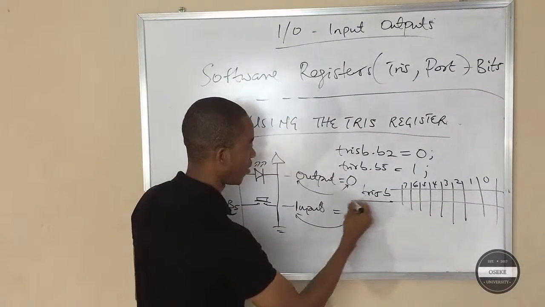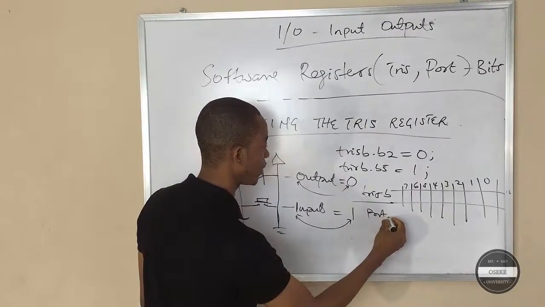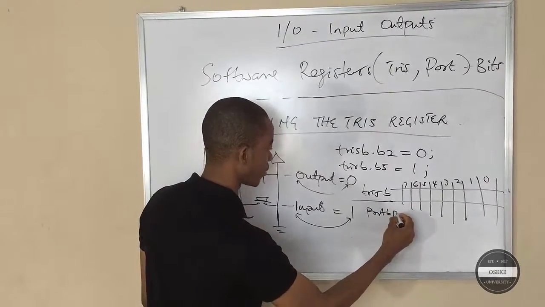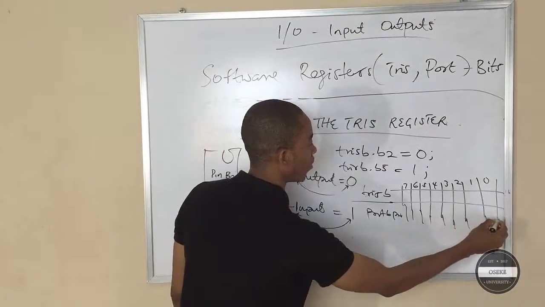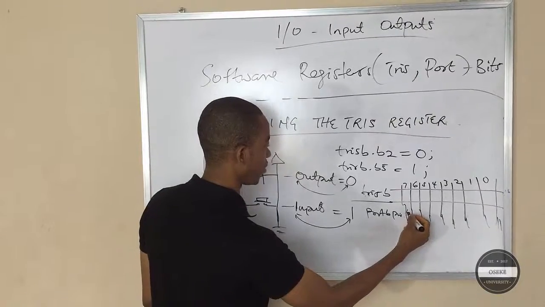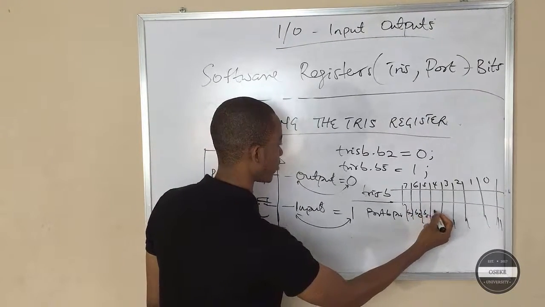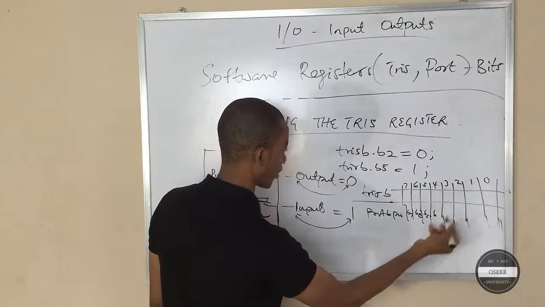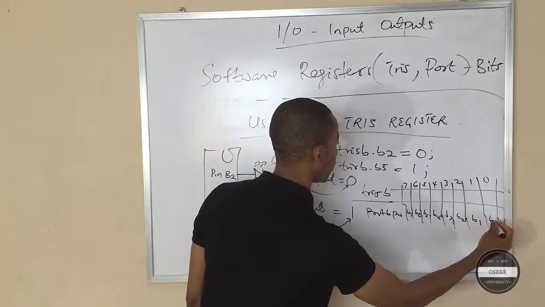And the port B pins are also 8 in number. You have B7, B6, B5, B4, B3, B2, B1, and B0.